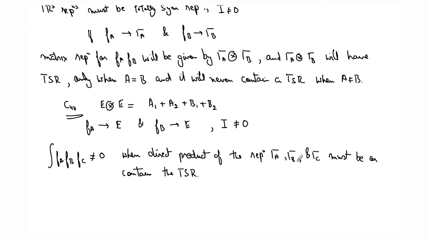So either they form a totally symmetric representation or they must contain totally symmetric representation at least once.